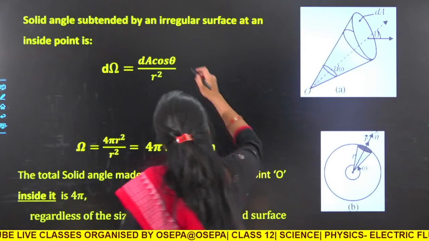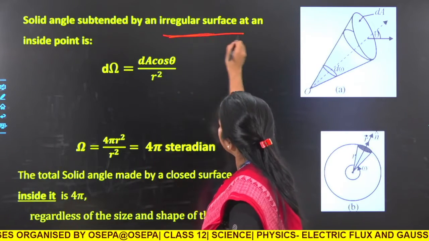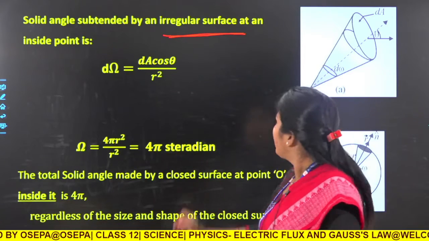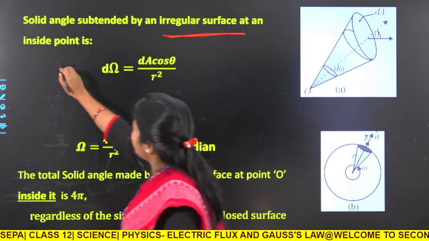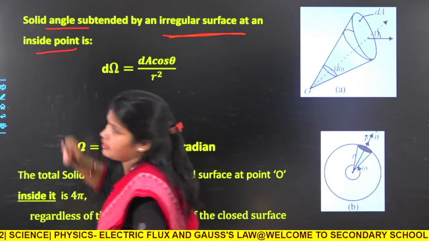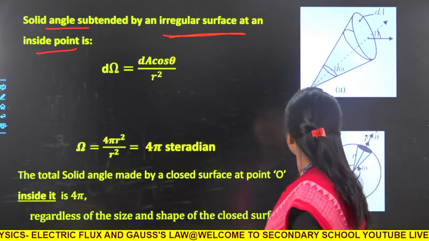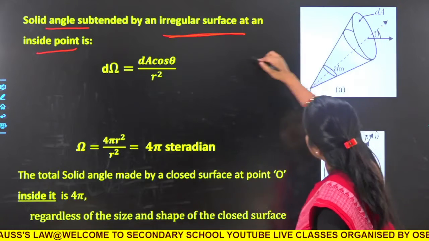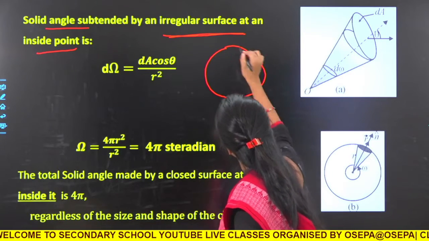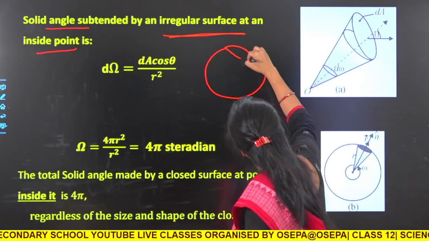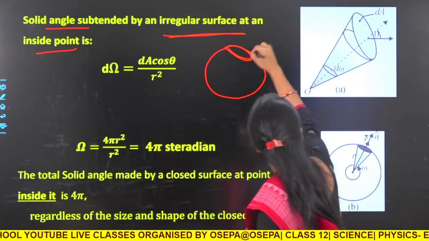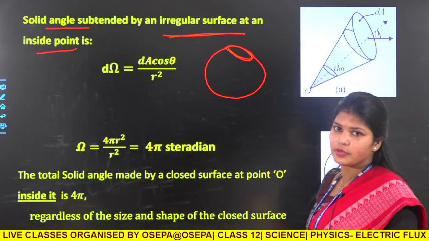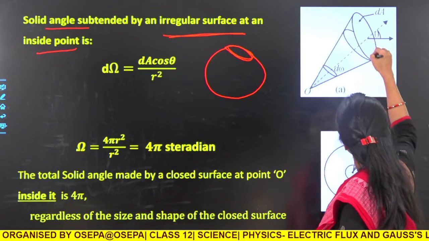Suppose we consider an irregular surface. At an inside point, how do we find the solid angle? Suppose this is the irregular surface. We consider this surface area, which I represent here.